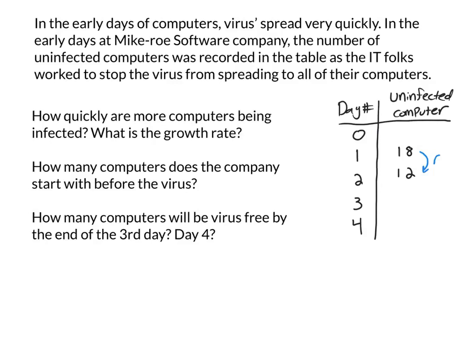My rate is 18 times R equals 12. Divide by 18, divide by 18. R equals 12 divided by 18. It ends up being 2/3.